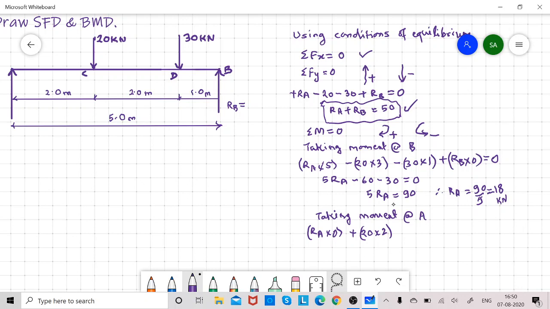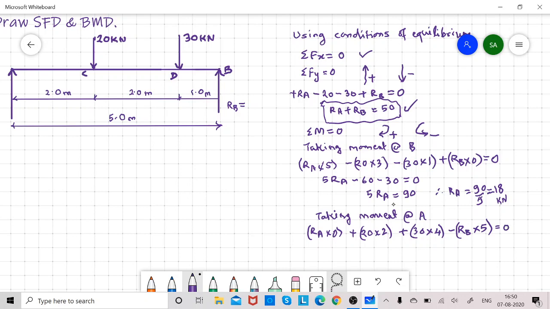It is a clockwise moment. See, the 20 kilonewton acting at C produces a clockwise moment at A, and the distance is 2, so 20 into 2, plus 30 into 4. Up to A we are considering the distances, so 30 into 4, minus RB into 5. This is an anticlockwise moment, and up to A the distance is 5, so it is minus RB into 5.